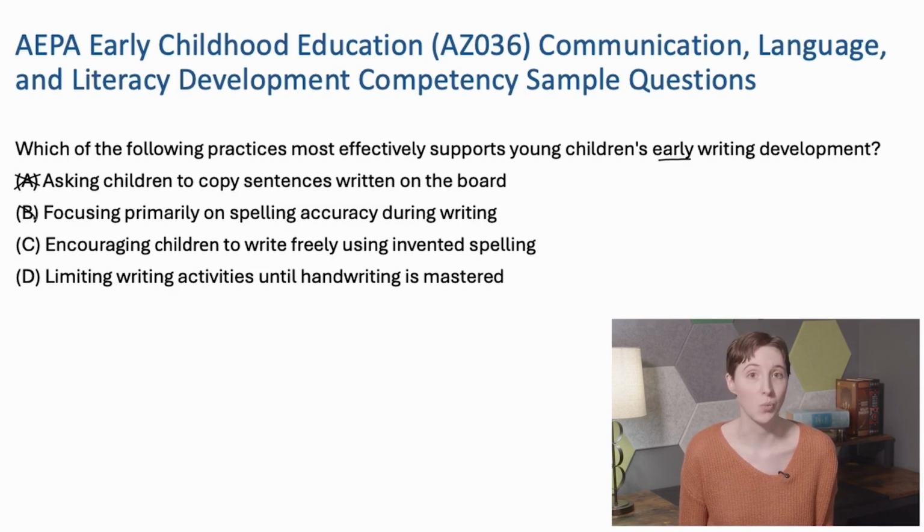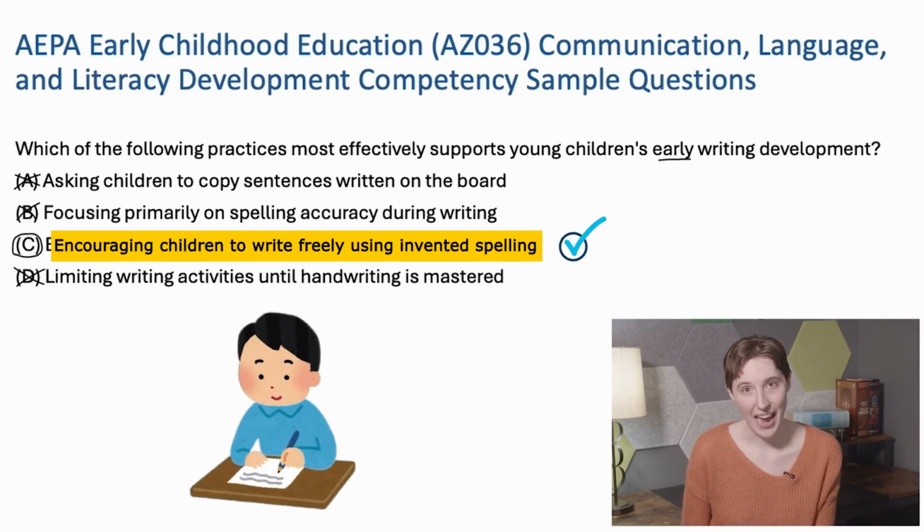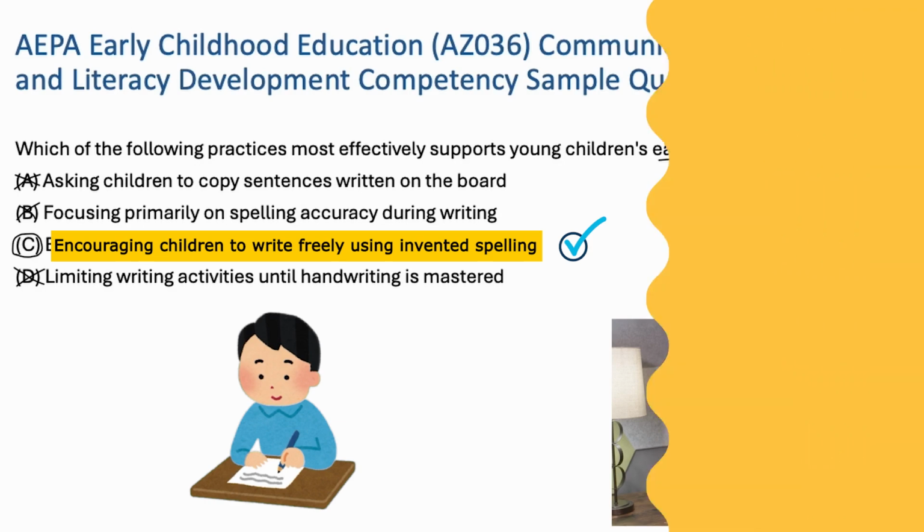Overemphasizing spelling limits risk-taking and creativity, and delaying writing until a student has perfect handwriting hinders early literacy engagement. Option C is a great activity for early writing development. Invented spelling may not be accurate, but it's a common and necessary step on the way to full literacy. It allows children to experiment with letter-sound relationships and express their ideas freely. It also builds confidence. It's exactly what we're looking for in this answer.